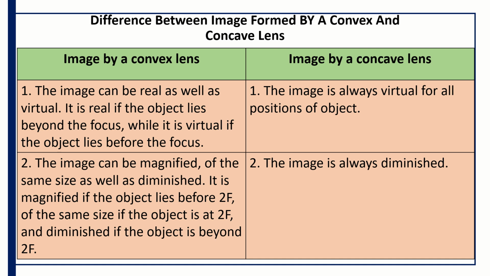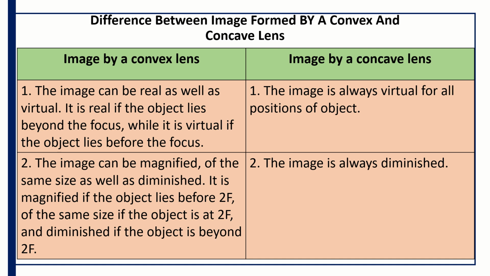In the case of a convex lens, the image can be magnified, of the same size, or diminished. It is magnified if the object lies before 2f, the same size if the object is at 2f, and beyond that we get a diminished image size, right?